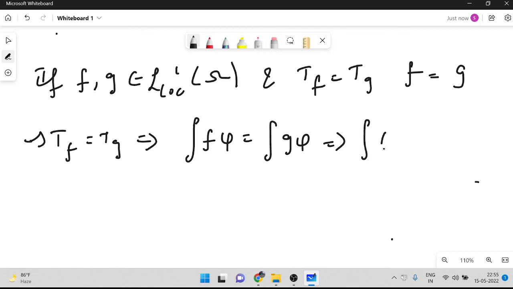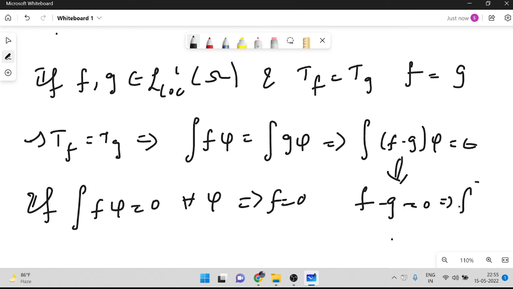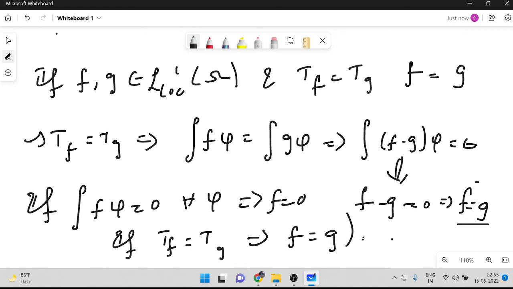This implies the integral of (f minus g) φ should be 0. By the previous theorem that I have stated, if the integral of f φ is 0 for all φ, then f is 0. So f minus g is 0, which implies f equals g almost everywhere. So if T_f equals T_g, then f equals g. So it's a bijective kind of a thing.